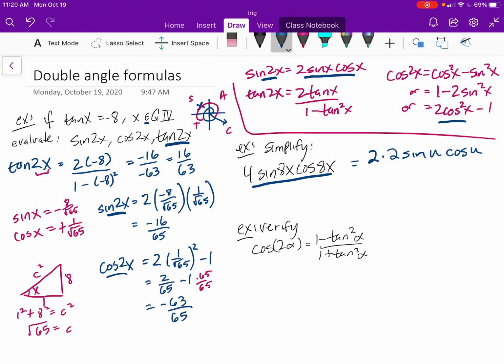Now that's going to make sense here in just a second. I'm just saying that u is 8x. Well, if u is in place of 8x, then this is also u, cosine u. Now that looks good. I also now have the 4 split into 2 times 2 because here is the double angle formula. It says if I have 2 sine of an angle, cosine of that same angle, I could change that to sine 2u.